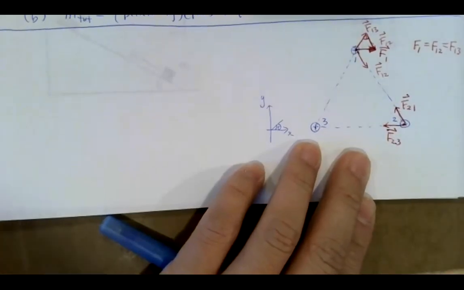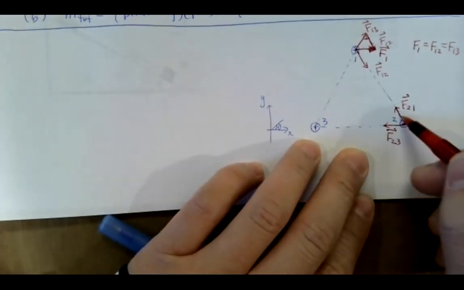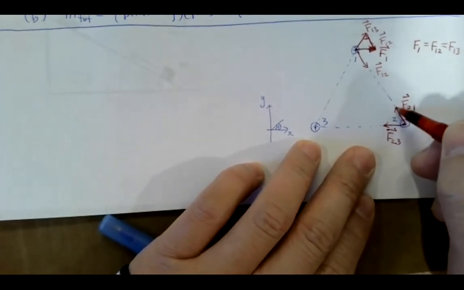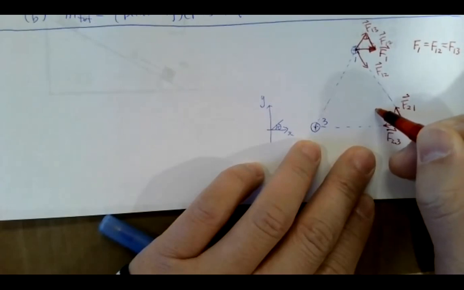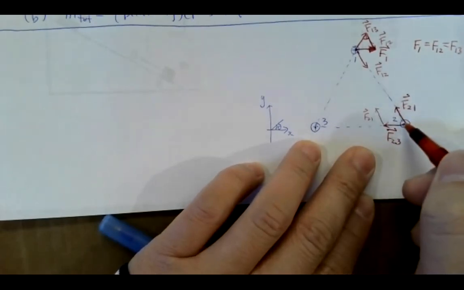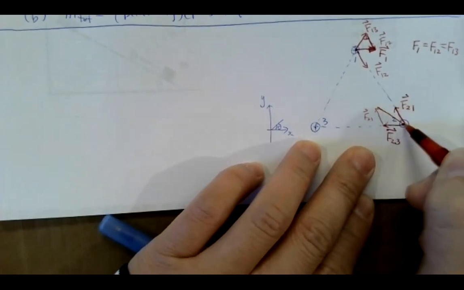Then for the total force, these two should be the same length. Now you can do it this way: you can move this one parallel over here, something like this, F21. Then the resultant will be from the tail of the first one to the head of the second one, so it goes in that direction.